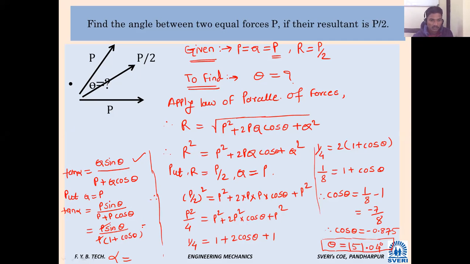Put the value here, sin theta, where theta is 151.04. What is that value? 0.49. Denominator is 1 plus cos theta, put theta equal to 151.04.